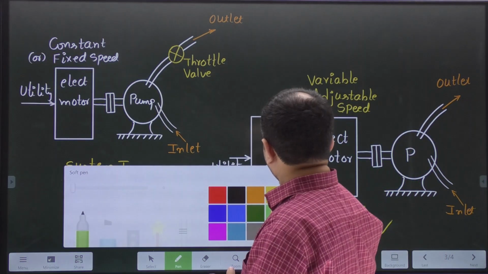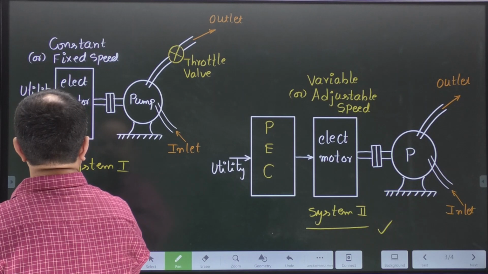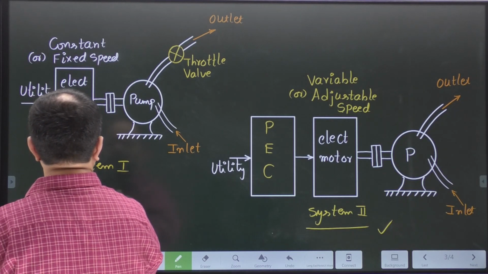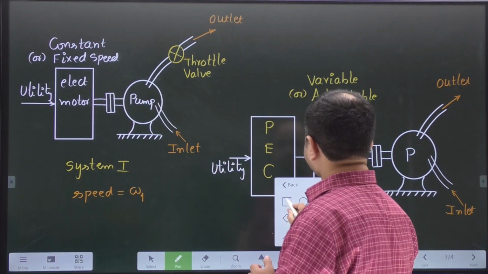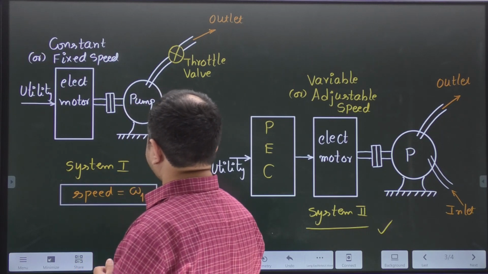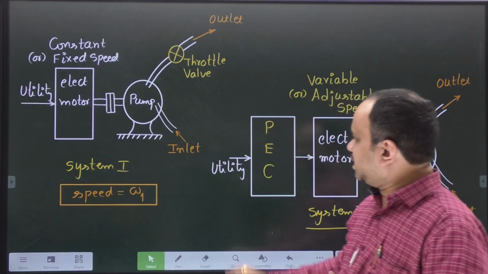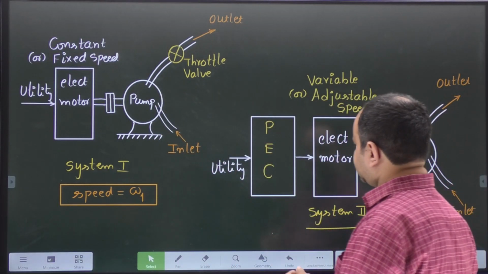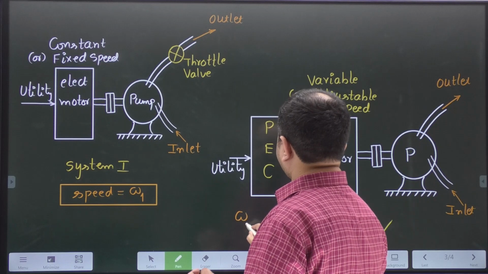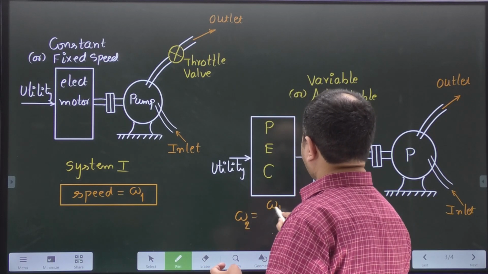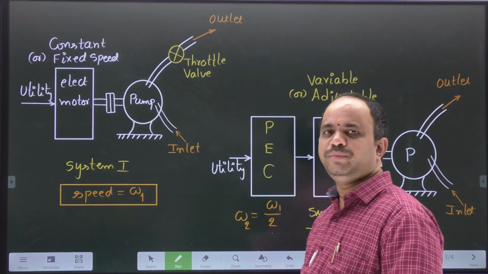Say, for example, in the first system, let us say this motor is operating at a speed of omega 1. Now in the second system, let us take that it is operating at a speed which is half of the first system speed. The first system is operating at a speed of omega 1.